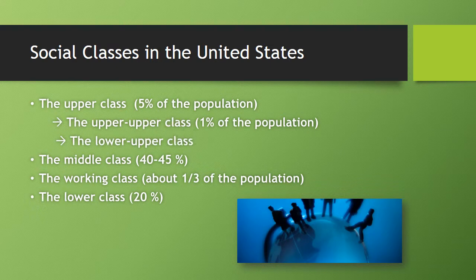The lower upper class are the working rich. Earnings rather than inherited wealth are the primary source of their income. The middle class includes 40 to 45% of the U.S. population and has a tremendous influence on our culture. The upper middle class has an above-average income in the range of $116,000 to $205,000 a year.